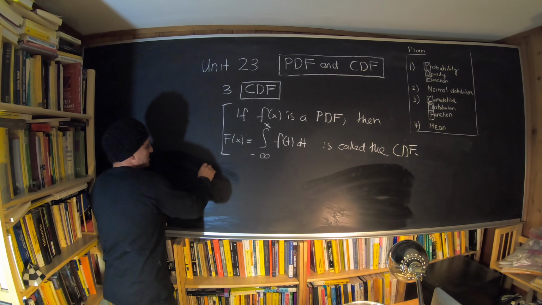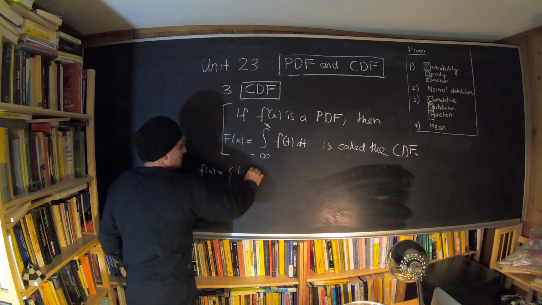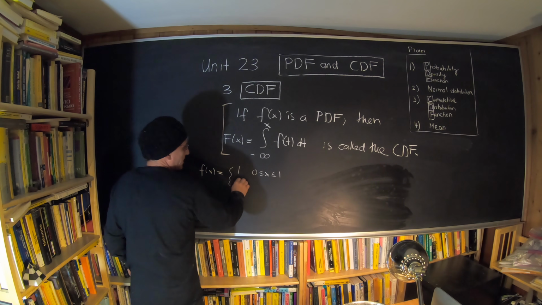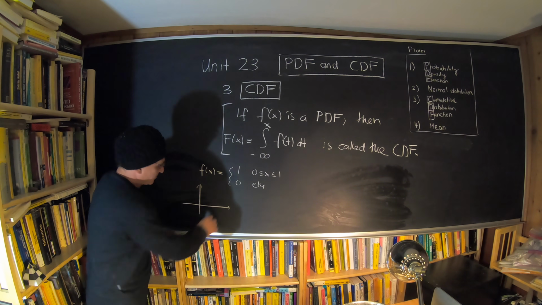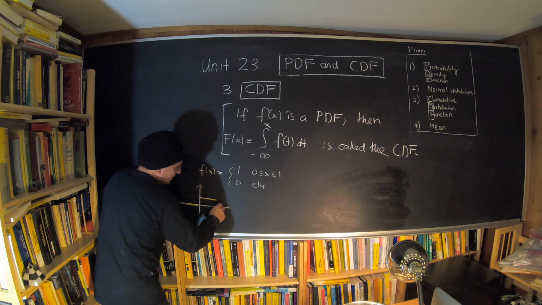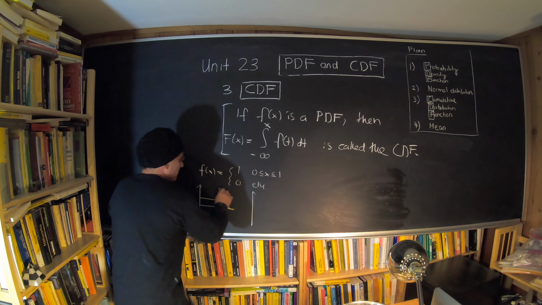If f of x is equal to 1 if x is between 0 and 1, and 0 else, that's this uniform distribution. So it's 0 here, and then 1 here, and then 0 here. In this case, this is the f.